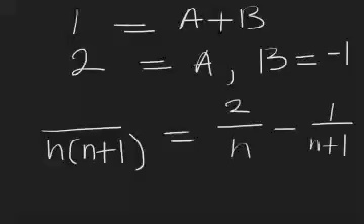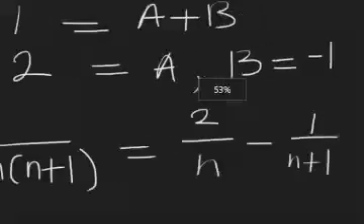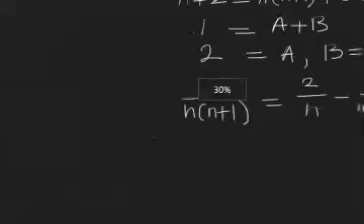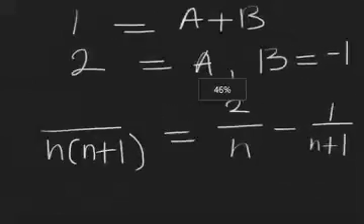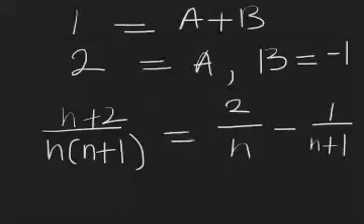Let's look at the numerator. The numerator is n plus 2. Alright, we found the partial fractions.